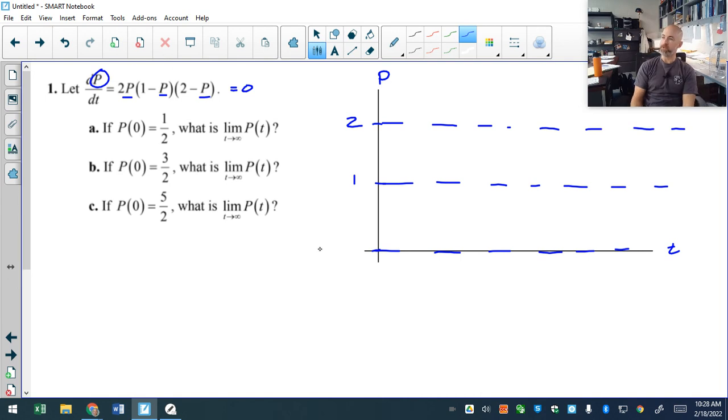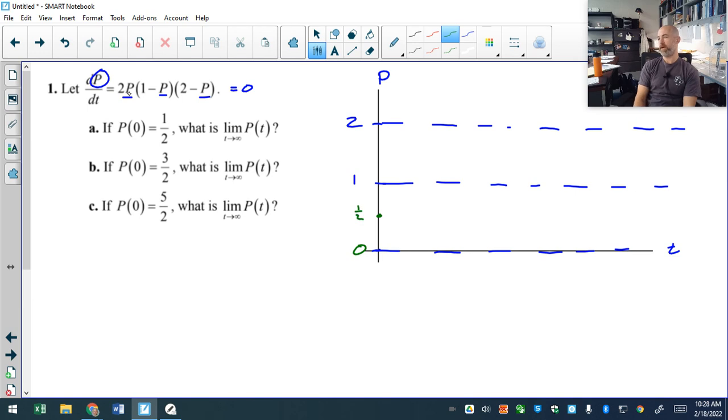Then I'm thinking, if those are the only places where the slope is 0, let's think about positive slopes and negative slopes. What do you think is happening between 0 and 1? Well, we could pick a test point. What's the number between 0 and 1? 1/2.